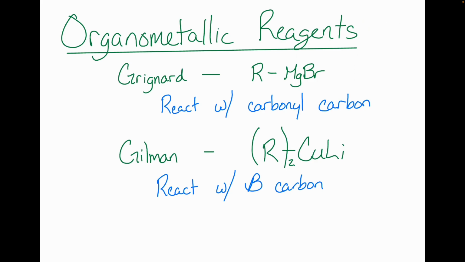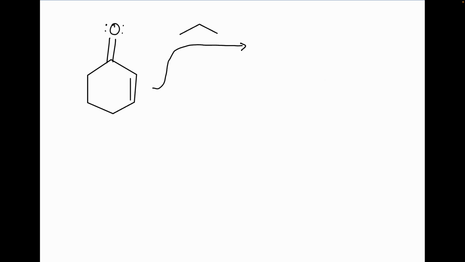All right, so then let's just do an example here. All right, we have an alpha beta unsaturated, in this case, ketone. And first we're going to react it with an ethyl Grignard.